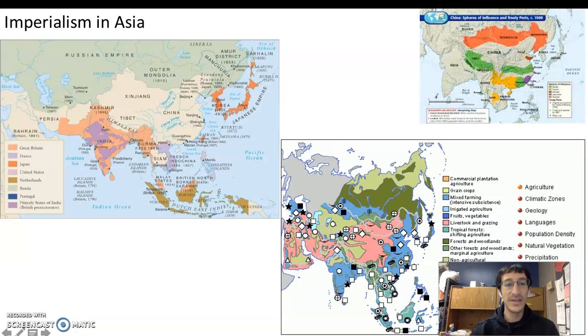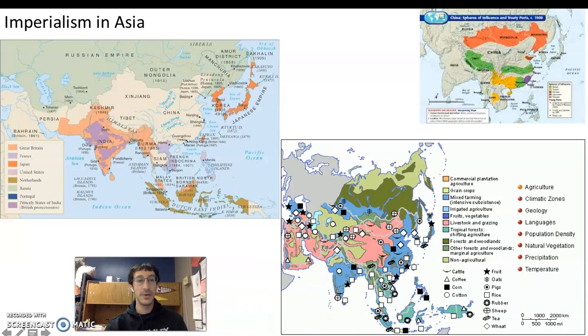Okay. So at the same time, we also know that imperialism is occurring throughout much of Asia. At the same time the Opium Wars are enforcing extraterritoriality treaties on China, we have the Dutch down here, pretty much in Indonesia, and they'll essentially keep hold of that up until World War II.